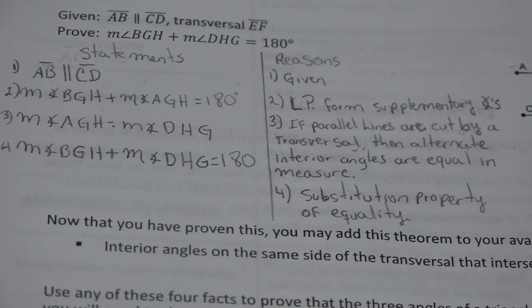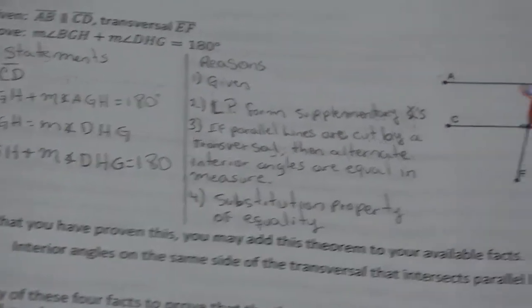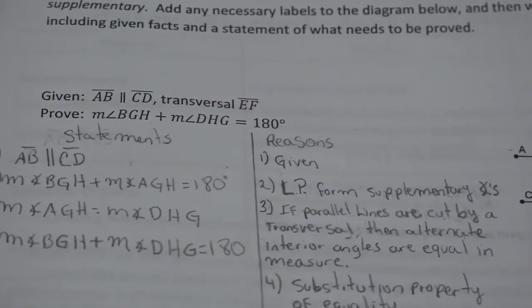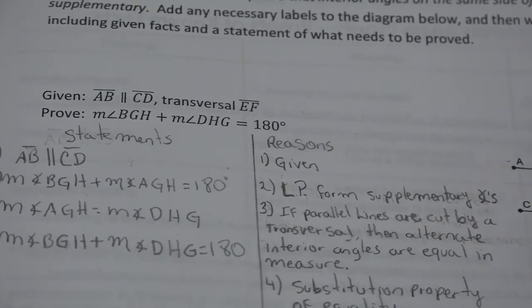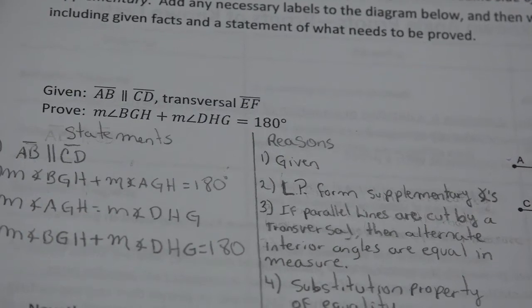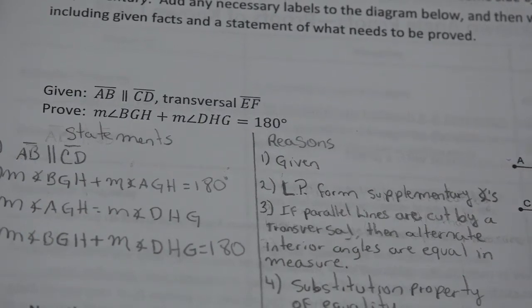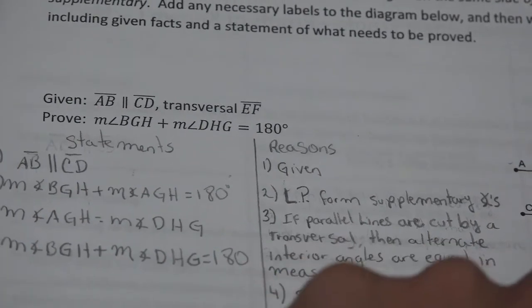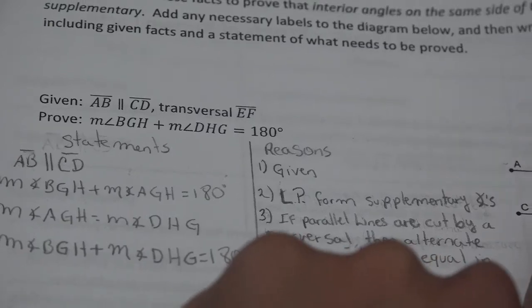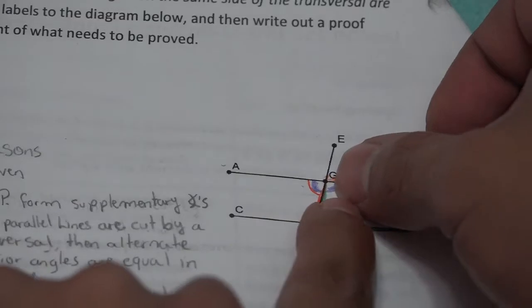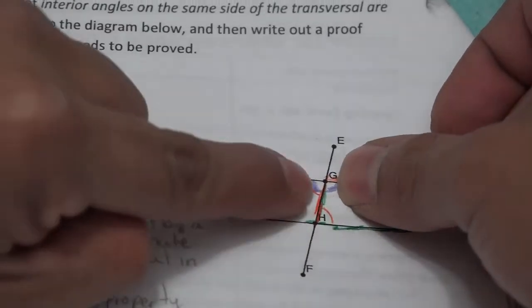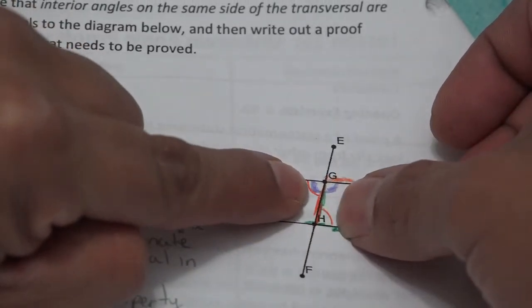So now watch what happened. What was I supposed to prove? That this angle and this angle add to 180. Well, look at this. This angle plus this angle equals 180. And this angle and this one are equal in measure.